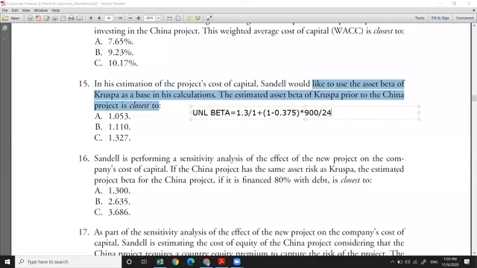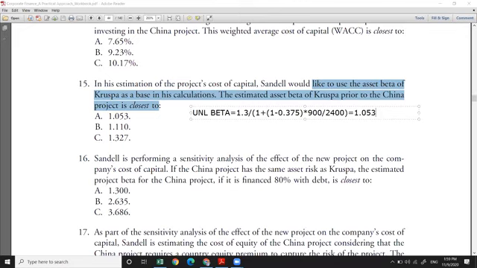Of course it should be in brackets first of all. The brackets play a very significant role here in order to get everything calculated correctly. So now you can easily calculate the unlevered beta, 1.053.